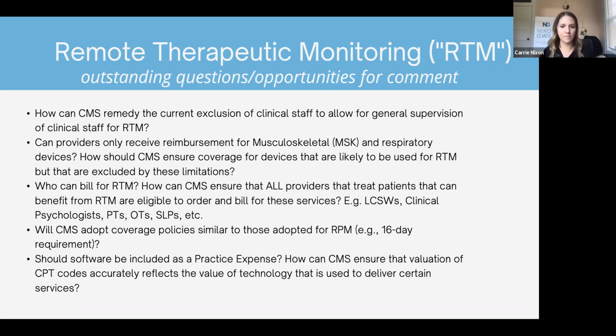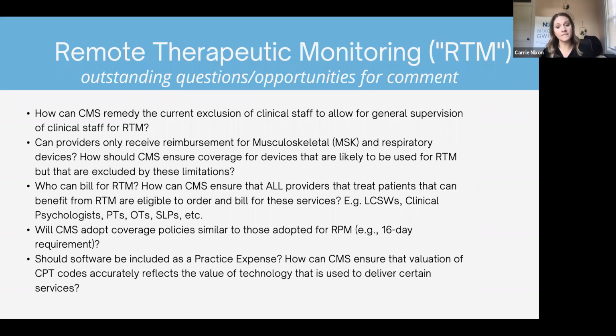Actually, they've asked it a little bit more broadly than just RTM, but I think it's really important for RTM in particular. How do we make sure that the valuation of these codes accurately reflects the value of the technology that's used? We know for RPM and now for RTM, hardware devices and software functions that are medical devices are going to be reimbursed under those device codes.